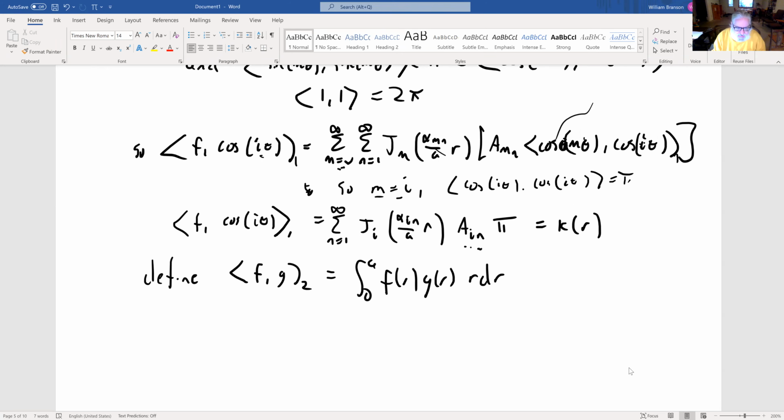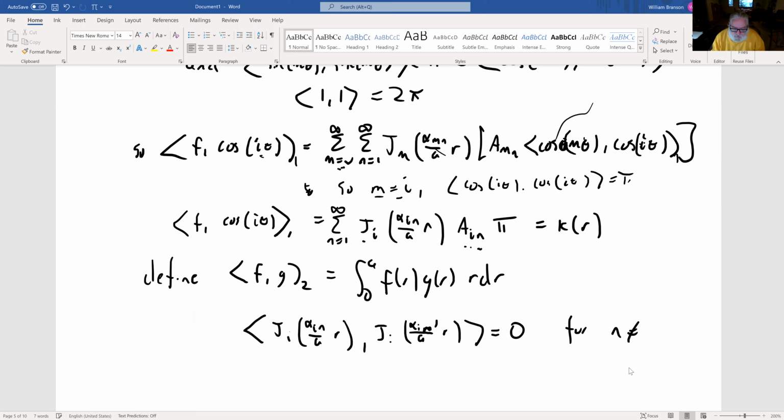And what we know about the Bessel functions, j sub I of alpha I n over a r, comma j sub I of alpha I n prime over a r equals 0 for n not equal to n prime. So these things are actually orthogonal under this inner product.